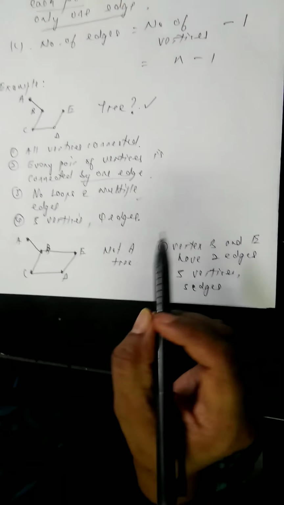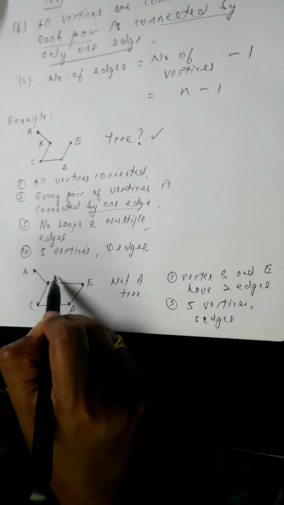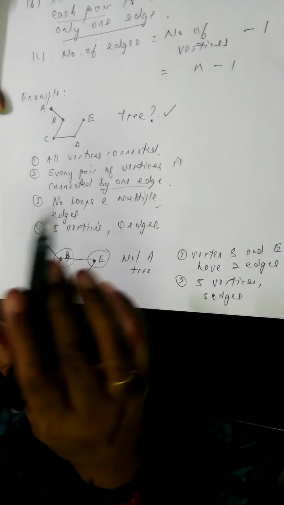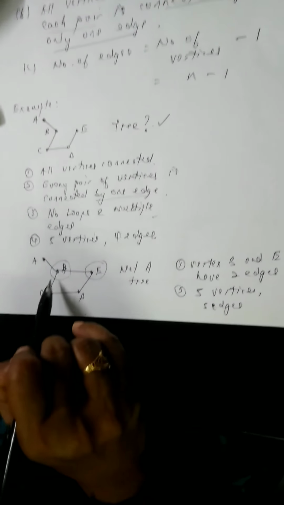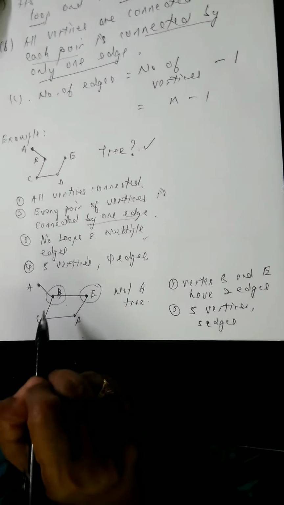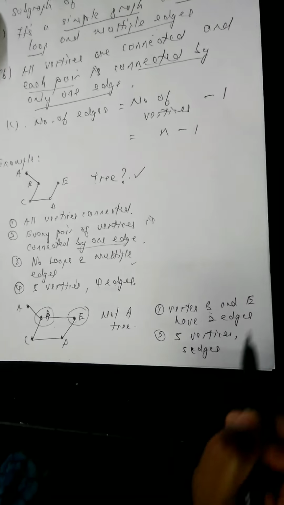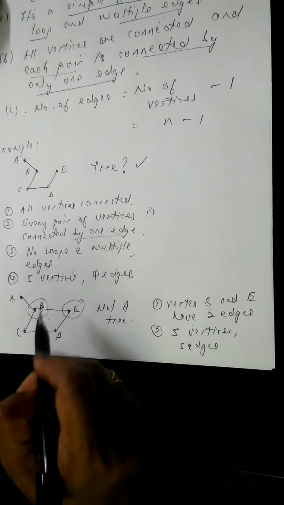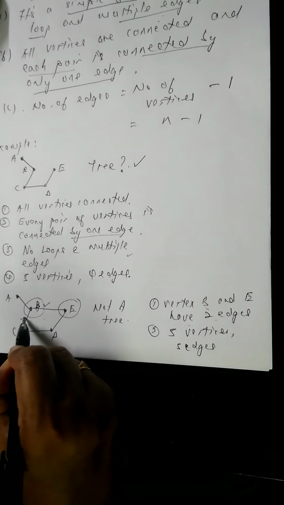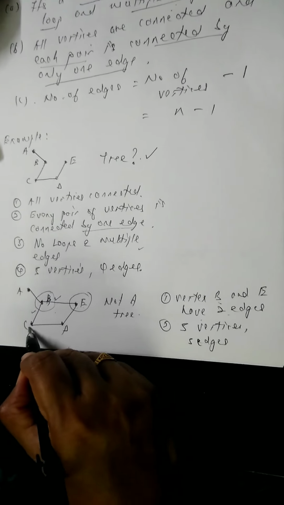Now, this doesn't look like a tree. Why? Because when we look at B and E, according to the condition, every pair of vertices is only connected by one edge. But here we notice vertices B and E have two edges: for B, one here, one here, so BE and BC.